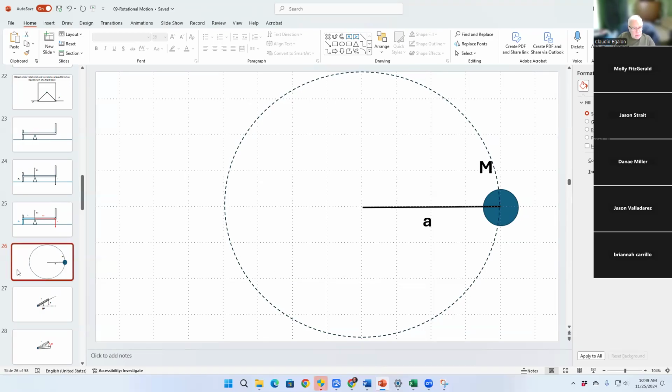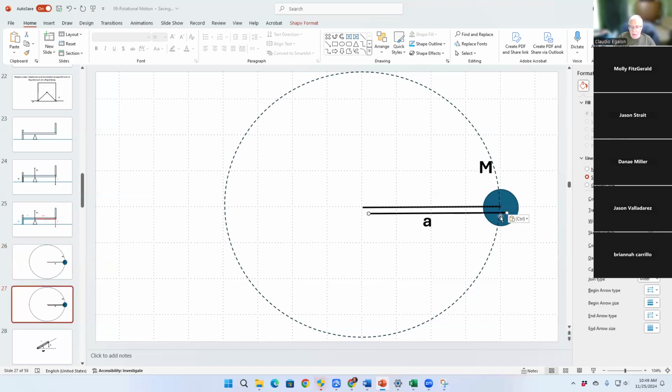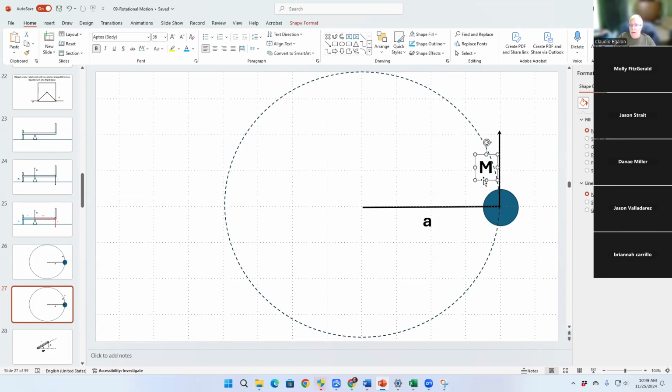On top of that, we're going to assume that this object is subjected to a tangential force in order to apply Newton's second law. We must have a net force there. If this one here is m, the other one at the top is going to be a tangential force.